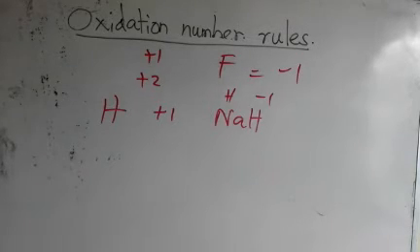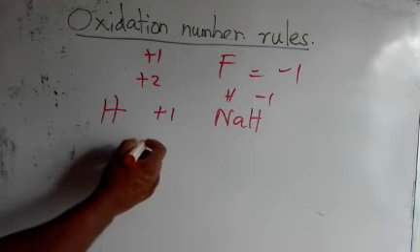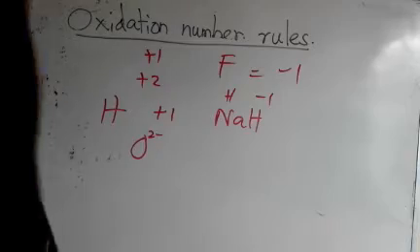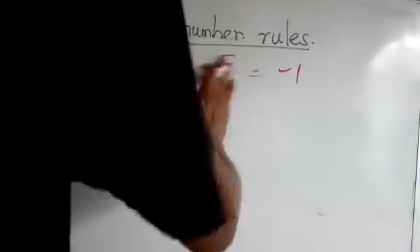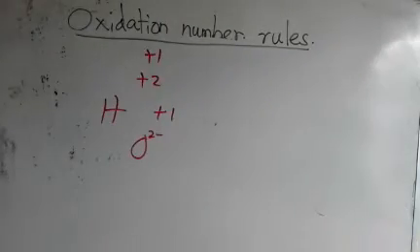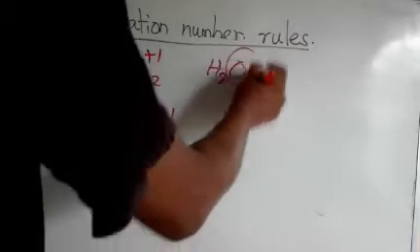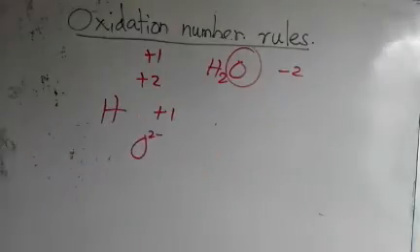And the other one, oxygen. In many compounds, oxygen has the oxidation state -2, but there are some other types called peroxides and superoxides. Now look at water. Here the oxidation state is -2.